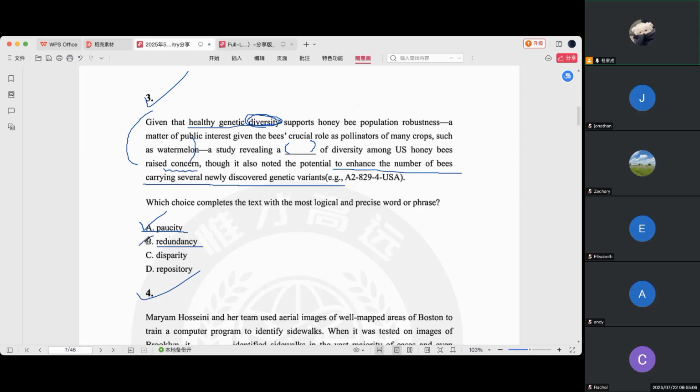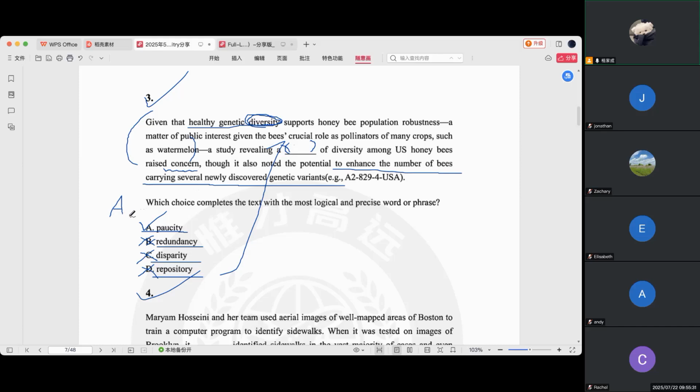So the passage is trying to say that there isn't a lot of diversity. Okay. C, disparity is saying not equal, but here it's not really about equality. So C doesn't make sense. And repository is just a place for storage or safekeeping, which also doesn't make sense in this context. So that's why paucity, A, would be the right answer.